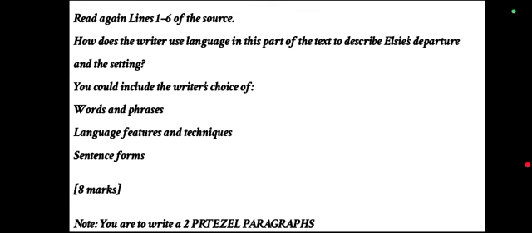Read again lines 1 to 6 of the source. How does the writer use language in this part of the text to describe Elsie's departure and the setting? You could include the writer's choice of word and phrase, language features and techniques, and sentence forms.